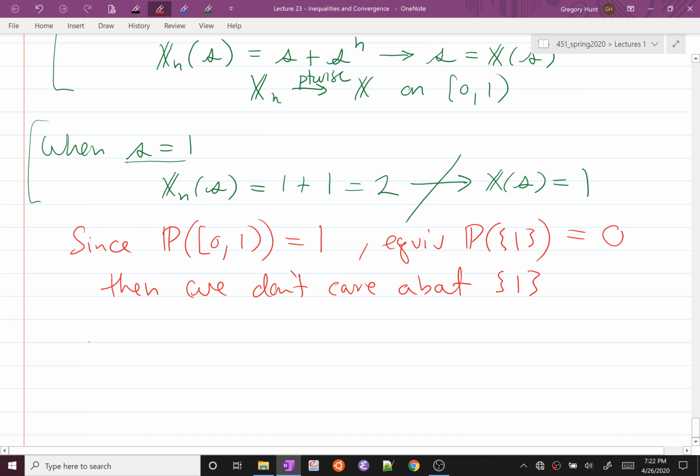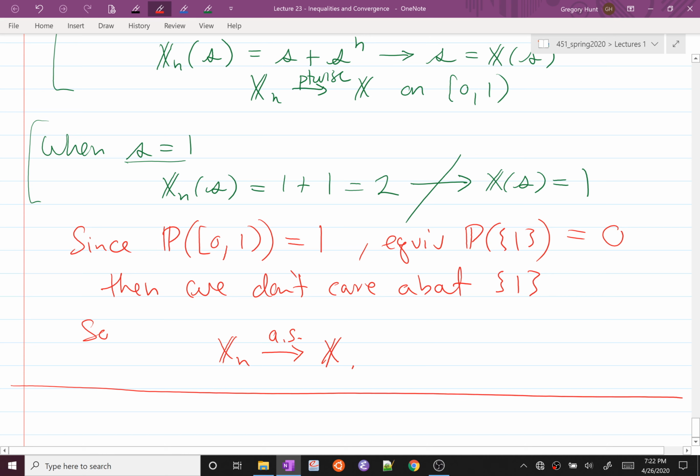We can say that in this case xn converges almost surely to x, because on everything except for that point 1, which just has probability 0, we do get pointwise convergence of my random variables to my limiting random variable. So we're good. This is almost sure convergence.